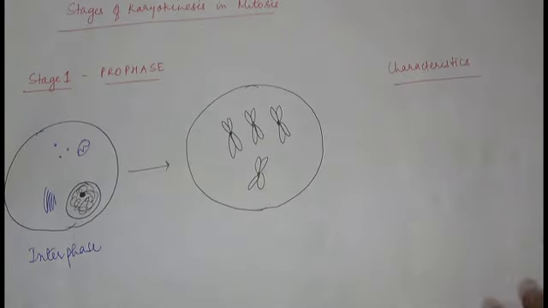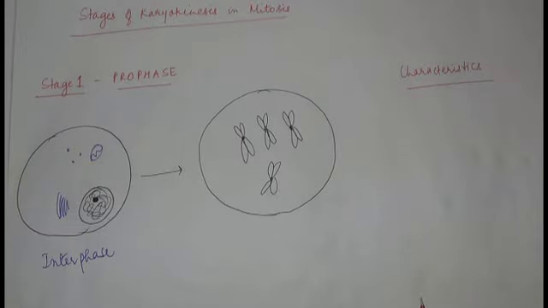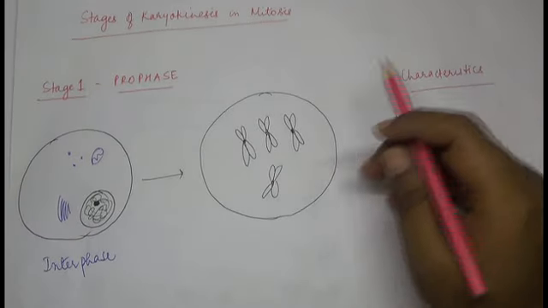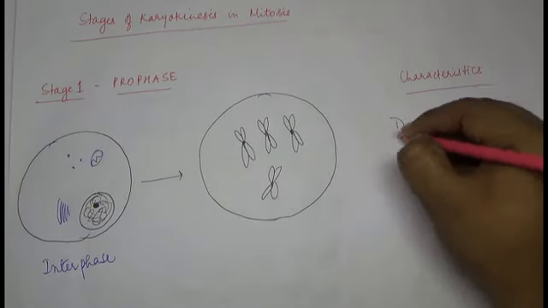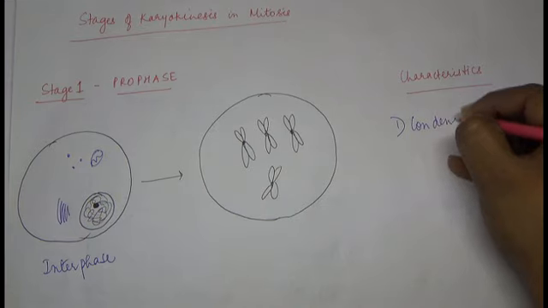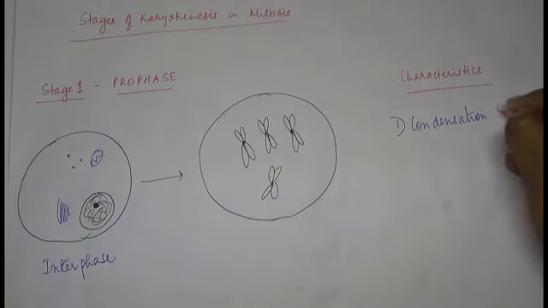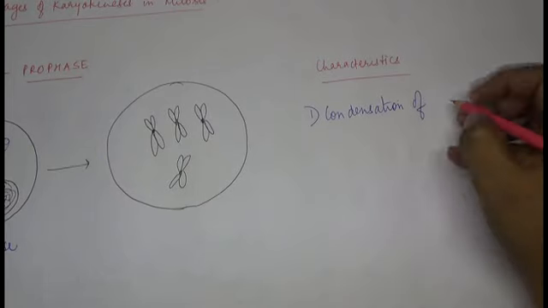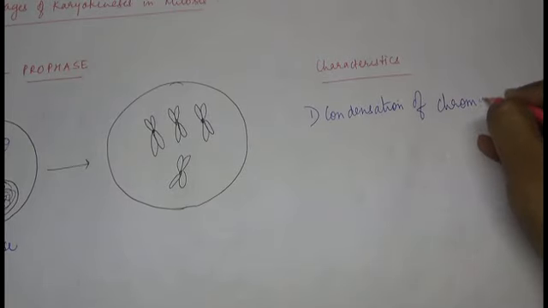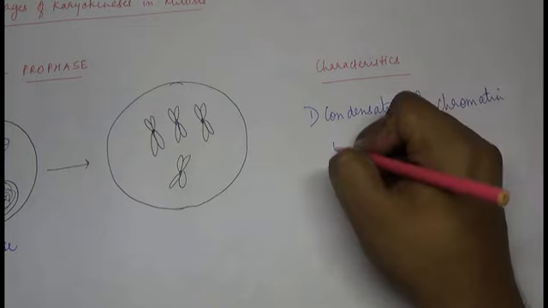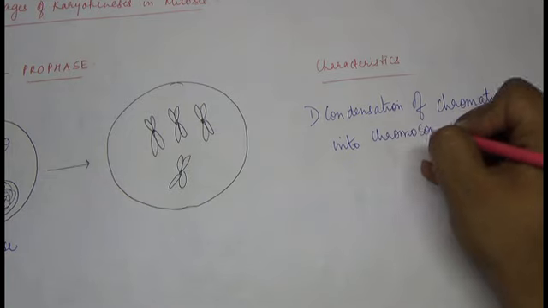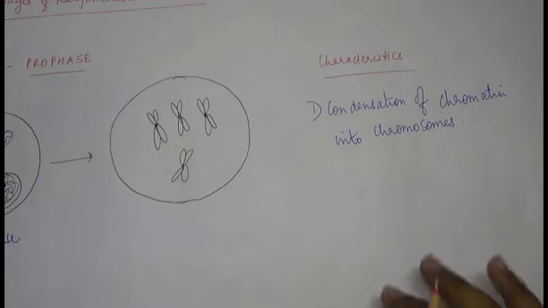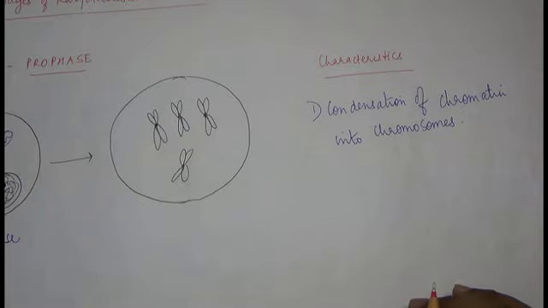The first change that will take place during the onset of prophase is condensation of chromatin into chromosomes.